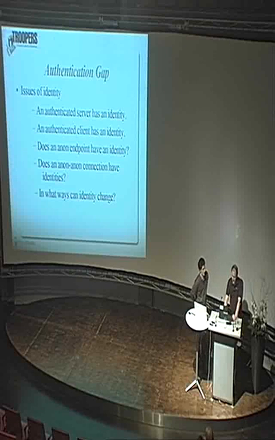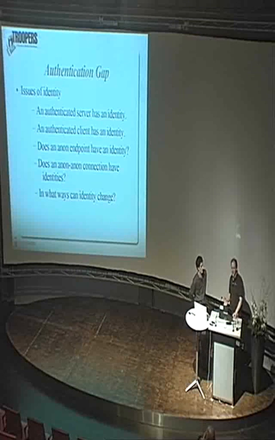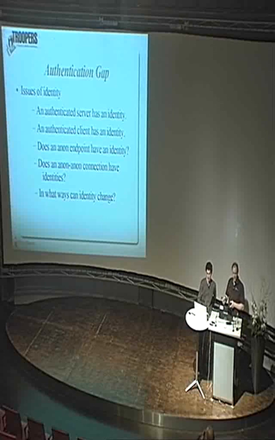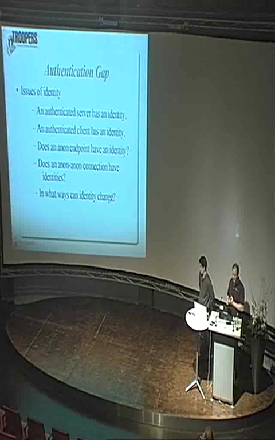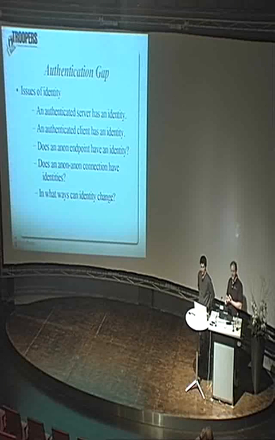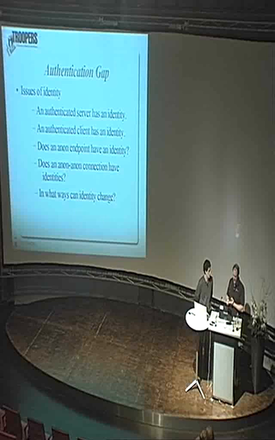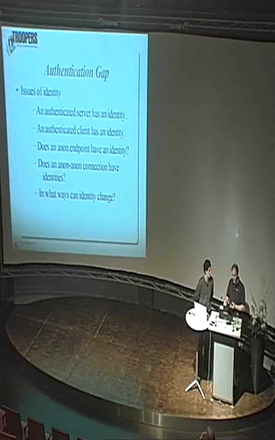Well, so this raises some issues of identity. Who are you talking to? Are you talking to the legitimate client? Are you talking to a man in the middle? Clearly, a properly authenticated server has an identity. He's established that with a certificate, and he's done that well. An authenticated client has an identity. If you supply a client cert and the server validates that correctly, then that's a good identity.